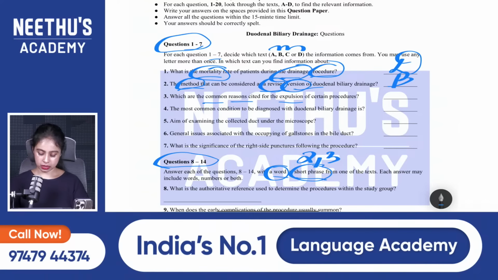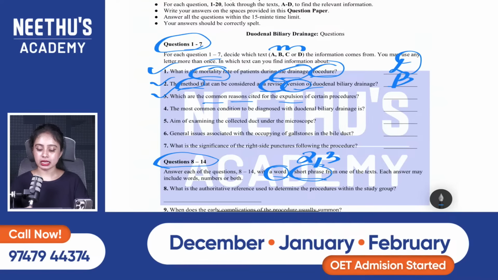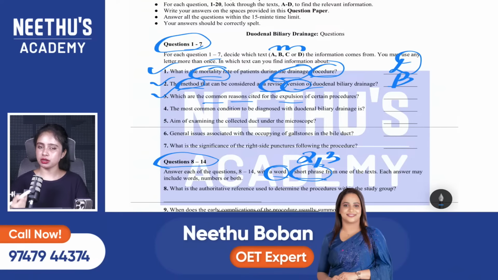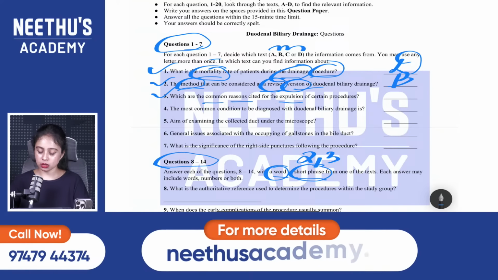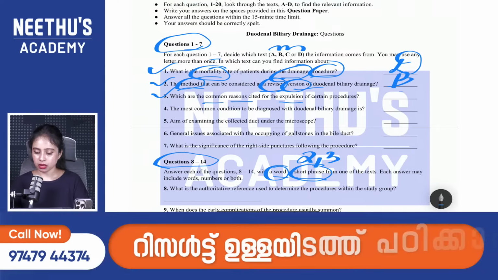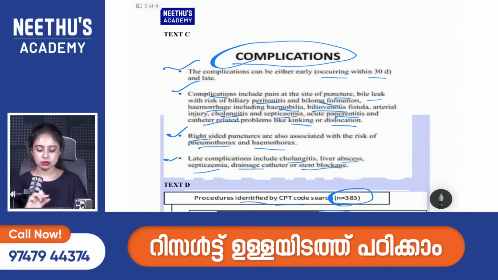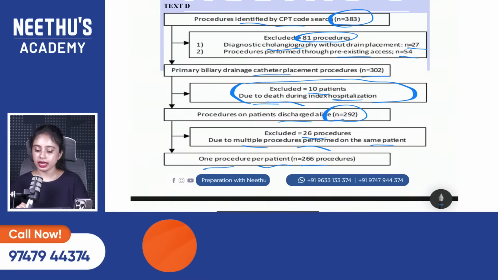Yes, Sharanya, Billa, very good. Third one, where is expulsion? You got a new word, right? So please do study the word expulsion and exclusion. So where is exclusion cited? You don't know the answer? Okay. The answer is D. Here, as you can see, excluded 81 procedures.